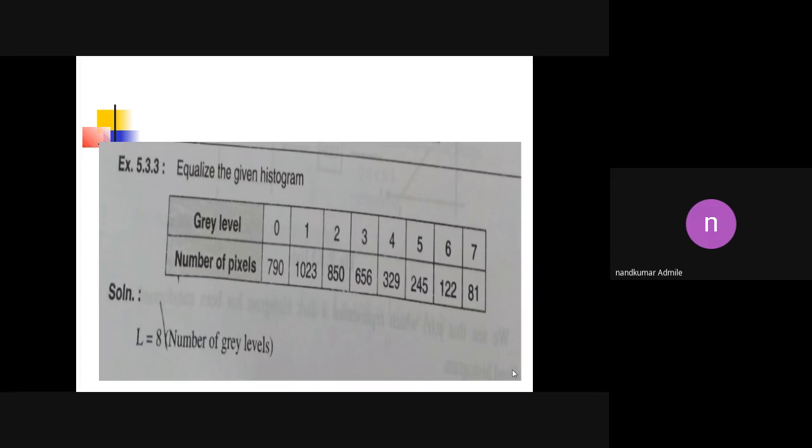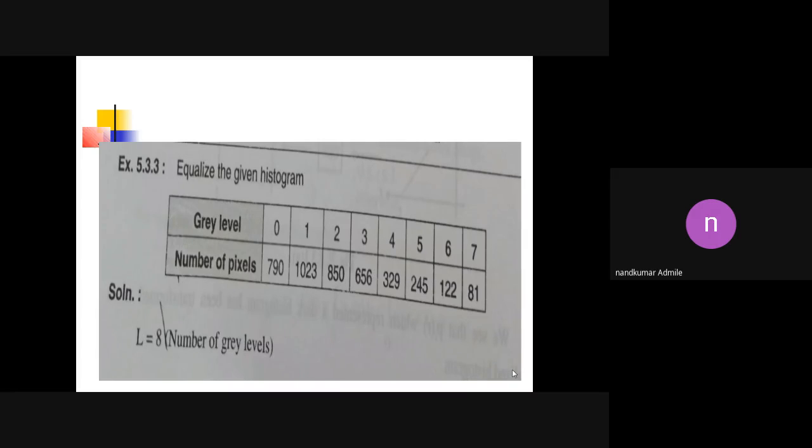As the example is provided, the first thing we have to calculate is the length of the histogram, called L. How can we calculate the length L? It is calculated using the gray levels.